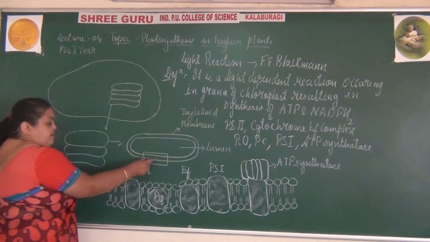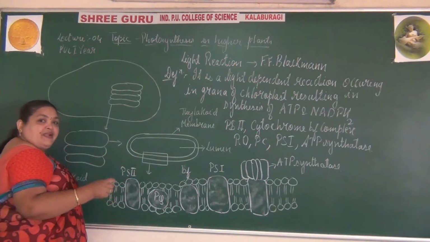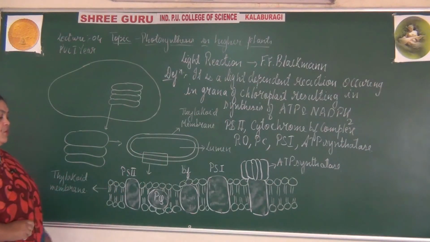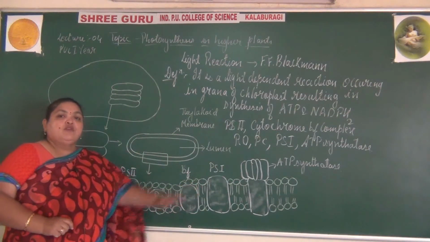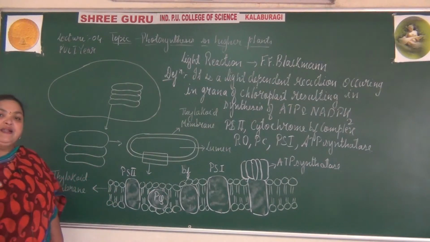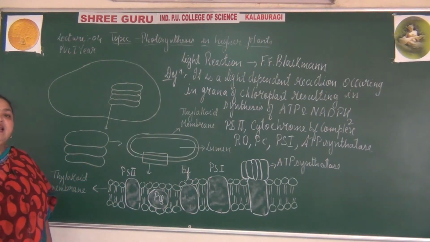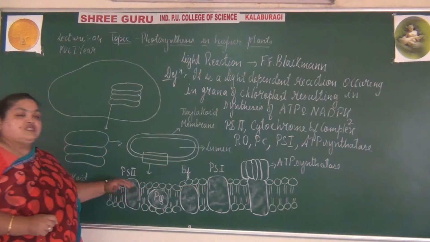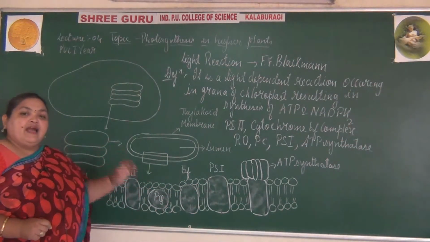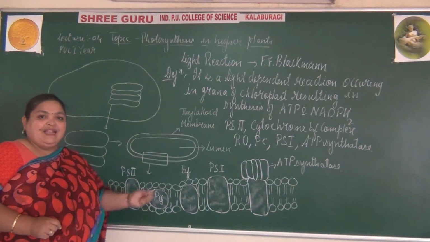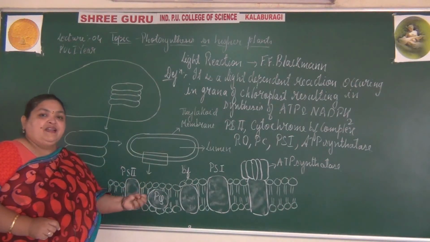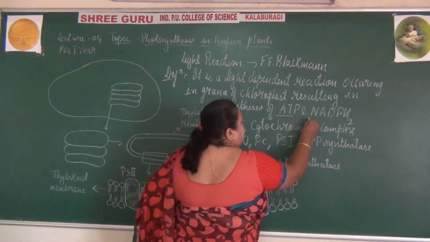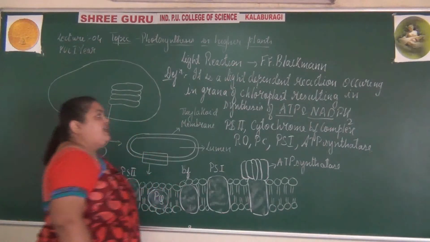When this membrane is expanded or observed under the electron microscope, you can see these four complexes, and in the grana there are photosynthetic pigments. These pigments absorb the light energy, and that light energy is used in the synthesis of ATP and NADPH2.